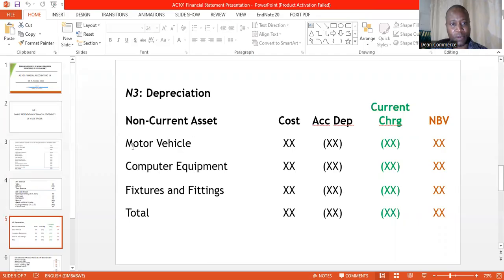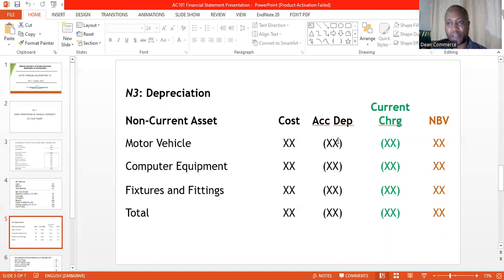In this case, we have motor vehicles that were purchased at this cost. For the past years, this vehicle has been depreciated to the tune of this value here, which is the sum of all depreciation for the previous years.